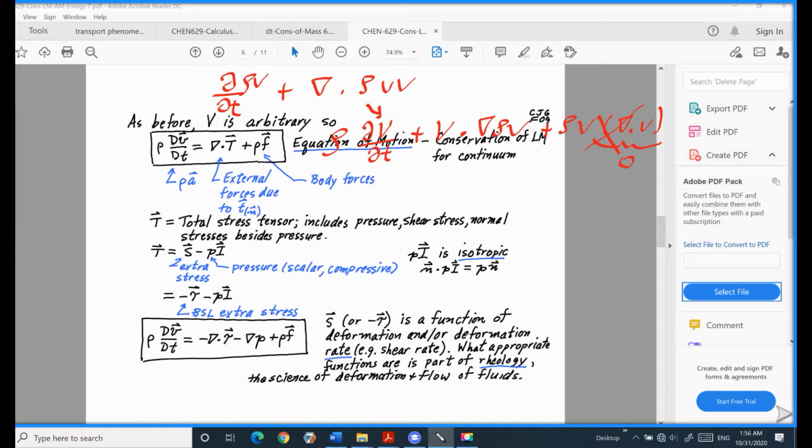Since rho is constant, we can take this out here. Then this is the definition of rho Dv over Dt, the material or substantial derivative, so this comes from here. So this is the conservation of linear momentum.